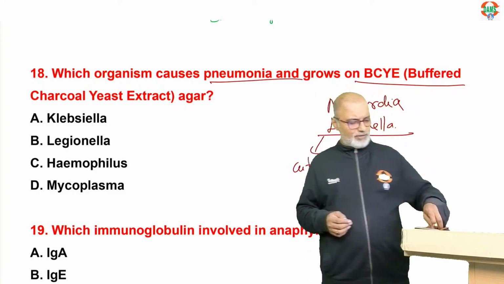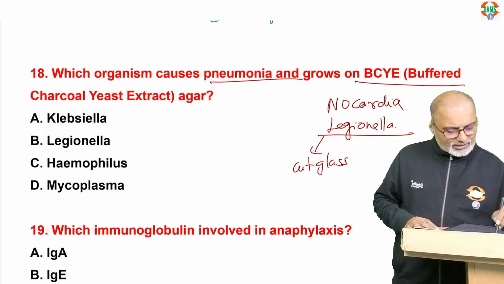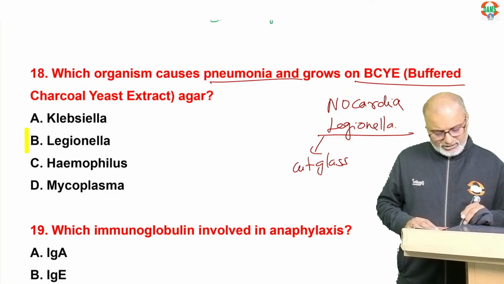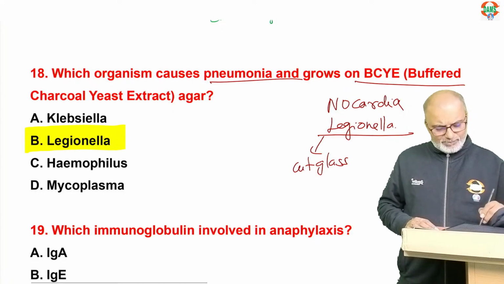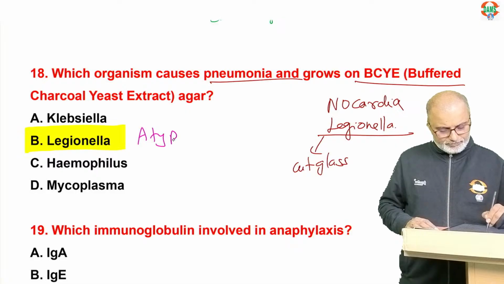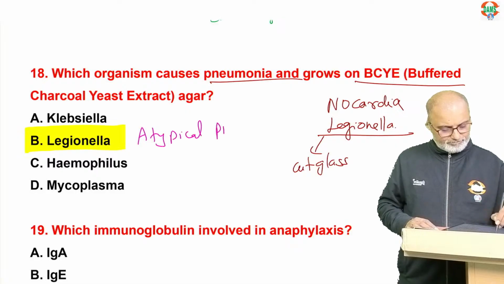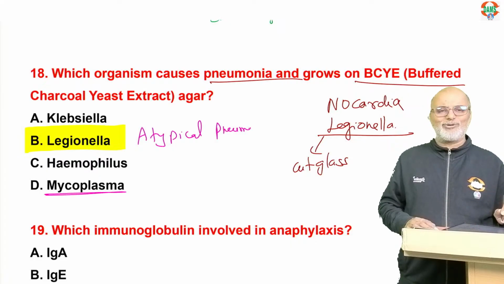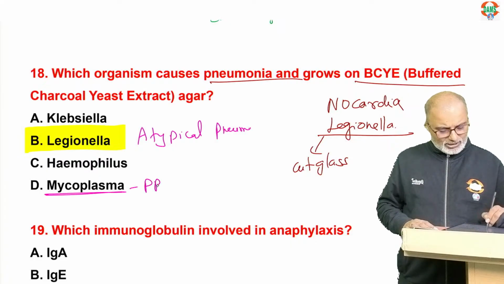So the answer here is Legionella. It causes atypical pneumonia. And Mycoplasma also causes atypical pneumonia. It grows in PPLO agar.